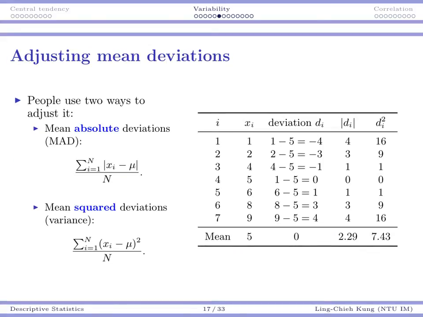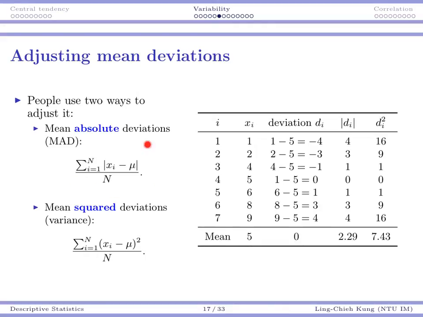Well, so what do people do? People use 2 different ways to do the adjustments. These are the 2 most common ways for people to do. But of course, you can invent or design other measurements, but these 2 are more popular. One is to take the absolute values of all the deviations.